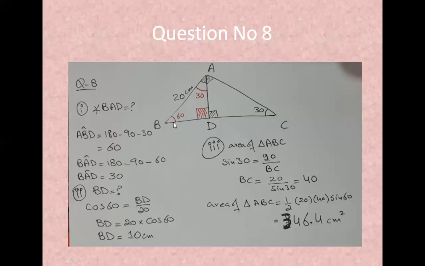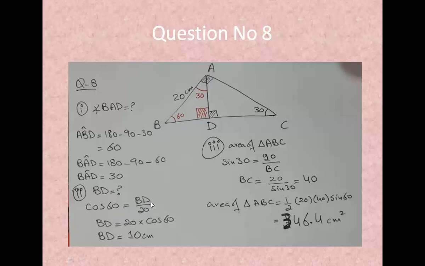Now, if you look at this triangle carefully, I know this hypotenuse, and if I use this angle or I use this angle, well, that's up to me. For example, if I use this 60 angle, BD is then base, as I want to find out that, and cos of 60 will be base by hypotenuse, and the base is BD, and the hypotenuse is 20.